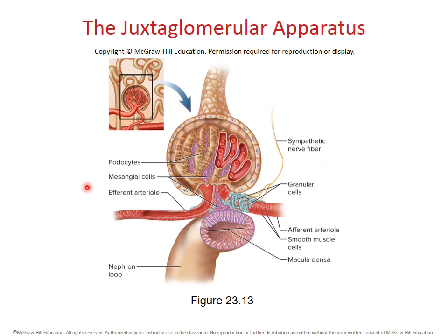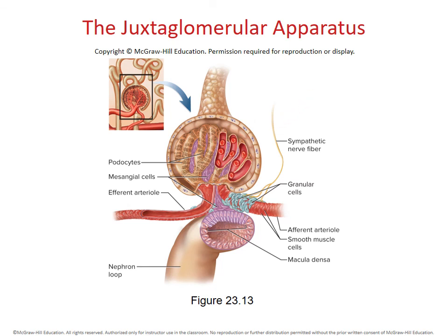One last thing to point out is we said that the mesangial cells were capable of some contraction themselves, and so in addition to ultimately causing the arteriole to get constricted, these mesangial cells are also located scattered throughout the glomerulus, and when they constrict, they can also constrict the capillaries of the glomerulus, which will also reduce flow, pressure, and glomerular filtration rate.